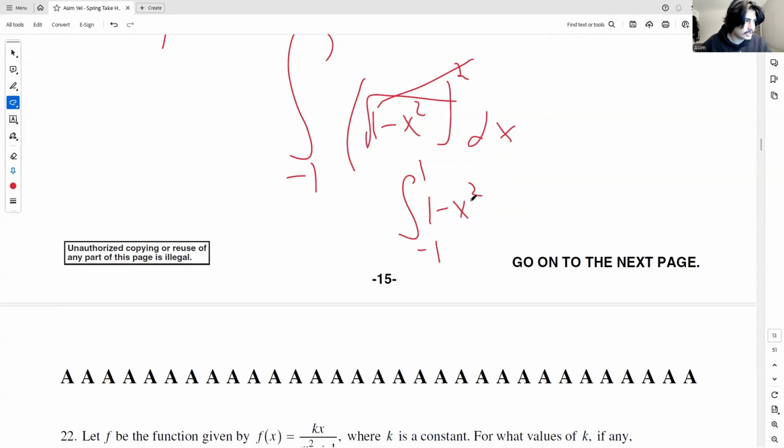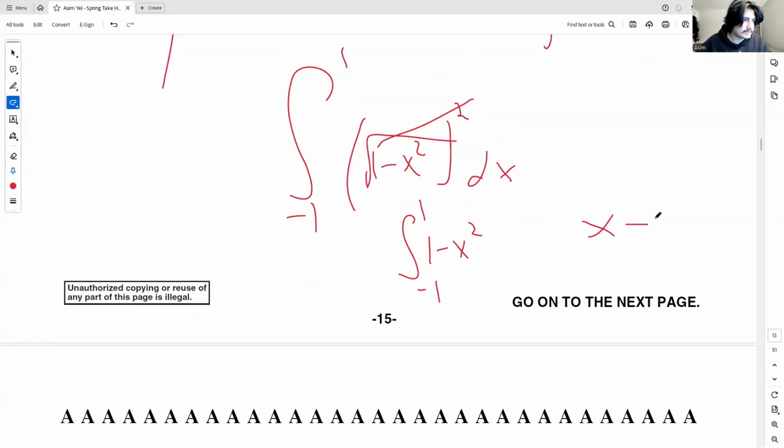All right, so over here, taking the integral, I got x minus x cubed over 3, from negative 1 to 1.